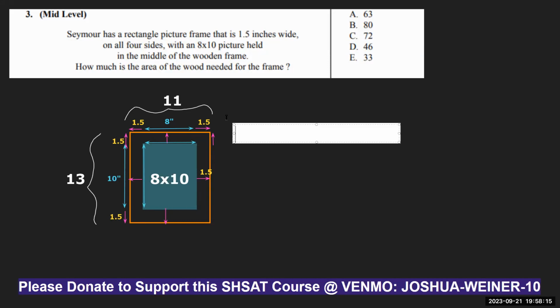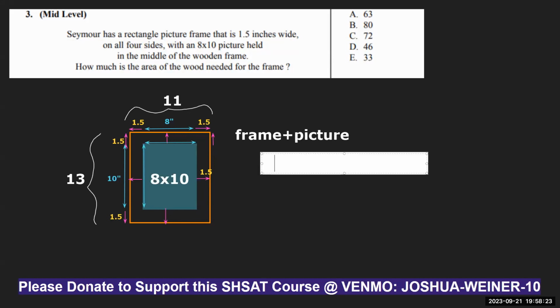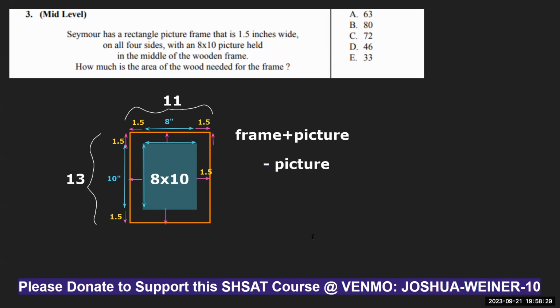So if we take the frame plus picture and then subtract the picture, we will get the frame area. That's the plan. So we're going to decompose the problem that way.